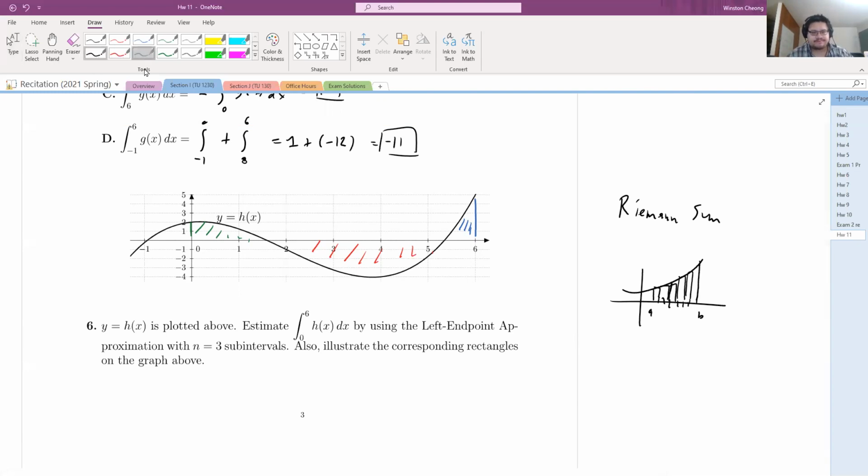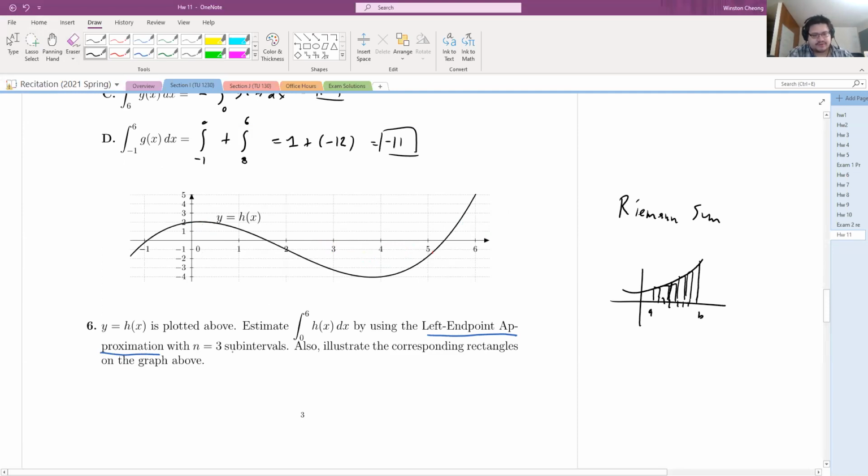So that's where this statement about the left endpoint approximation comes into play. There are a few different ways we can pick the height of the rectangle, which I'll now try to do on top of this drawing.